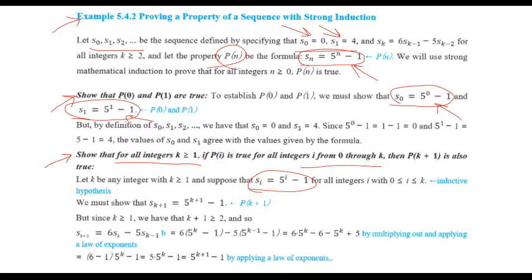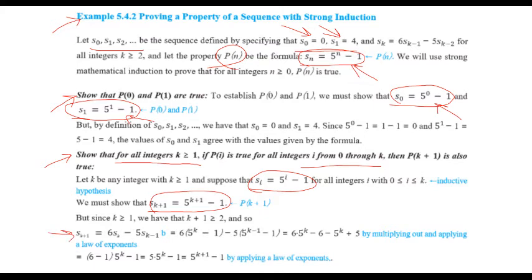Assuming that the inductive hypothesis is true, we must show that P of k plus 1 is true. It means that S sub k plus 1 is equal to 5 to the power k plus 1 minus 1. In order to show that, we start from the left-hand side of the equation and simplify it step by step to reach the right-hand side.